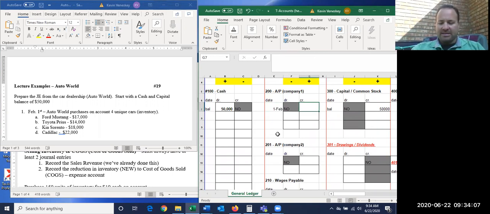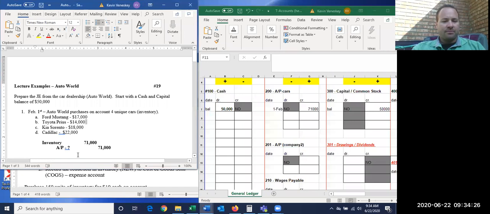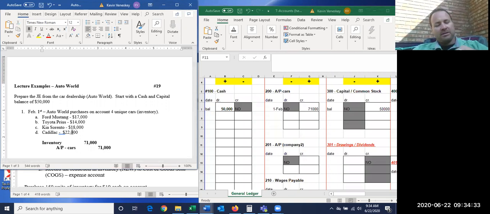And we've got 71,000, and we'll put AP cars, because it doesn't mention who we're buying it from. That's just telling us that we owe 71,000 on the cars. For the journal entry, just like with the T account, debit our inventory for the 71,000, and then credit accounts payable to the car manufacturer.